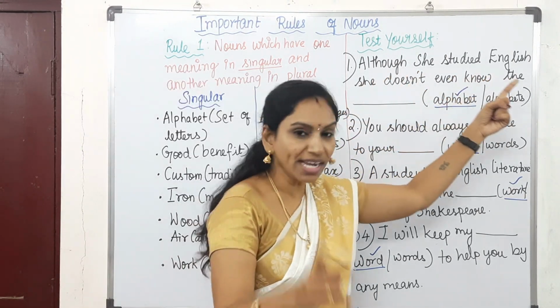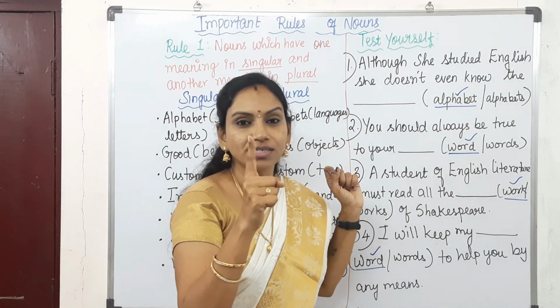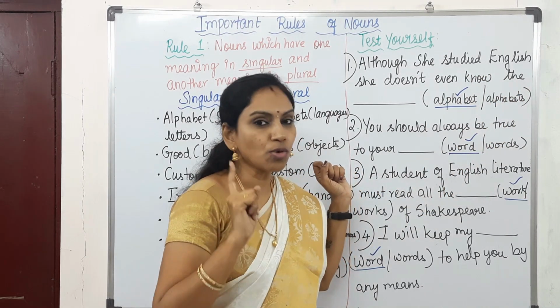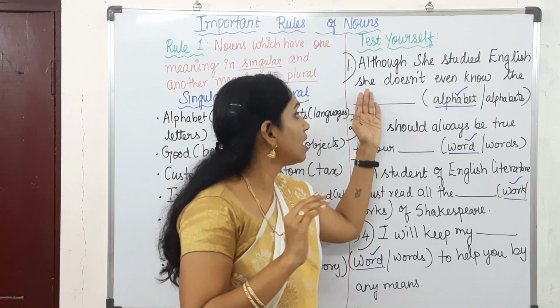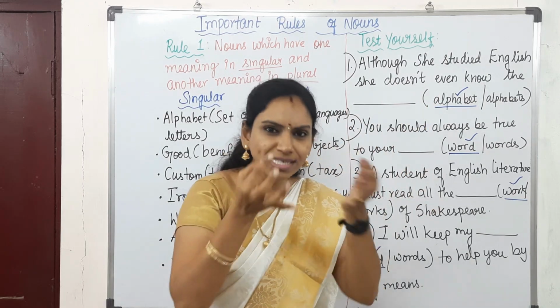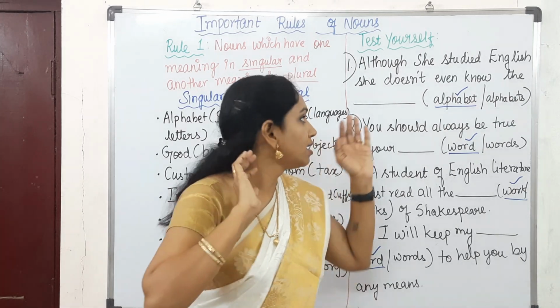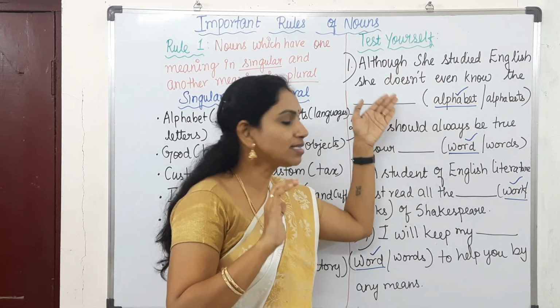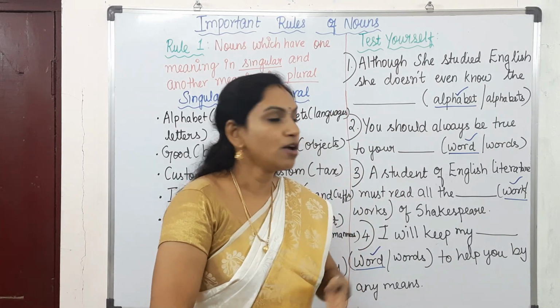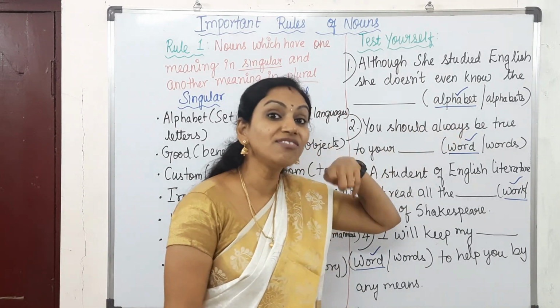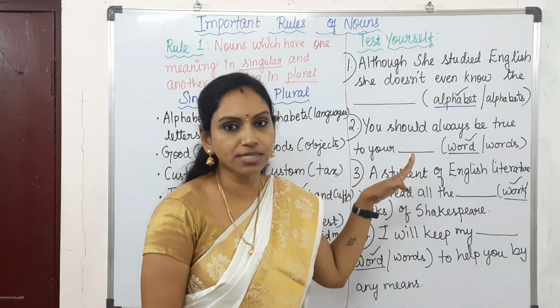They have used only English, only one language. Hope you understood what I am trying to say. They are meaning she does not even know a single letter. This whole sentence is sounding as singular only. So we should write it as alphabet. We should not use alphabets.